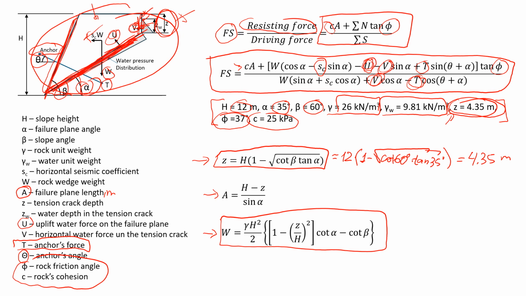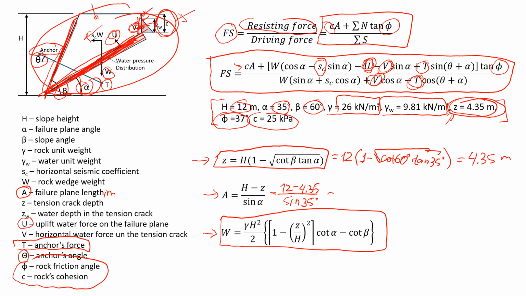A is the base of this wedge of the rock mass. It's given as h minus z, which, let me look at my notes, is going to be 12 minus 4.35 meters, divided by the sine of the failure plane angle, which is 35 degrees.